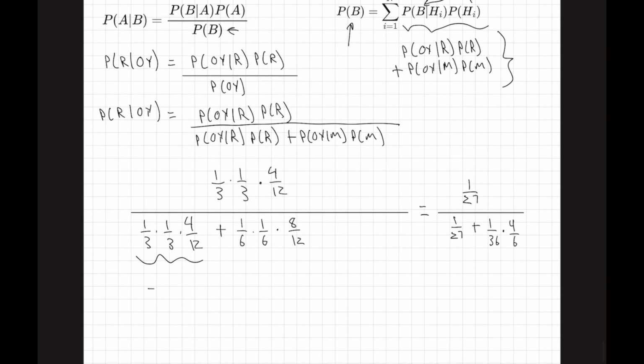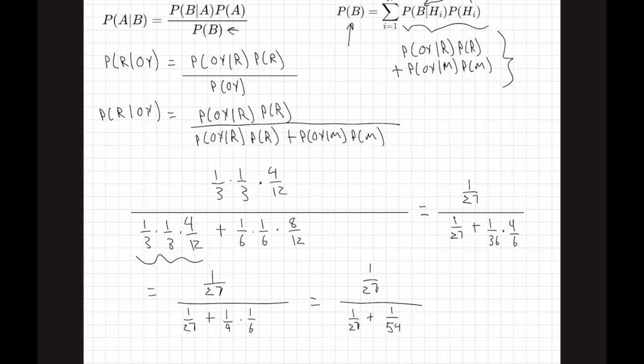And if we keep simplifying this, we have 1 over 27 over 1 over 27 plus this 4 and this 36 make it 1/9 times 1/6. So this is equal to 1 over 27 over 1 over 27 plus 1 over 54.